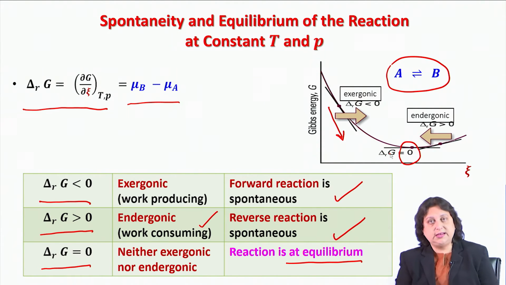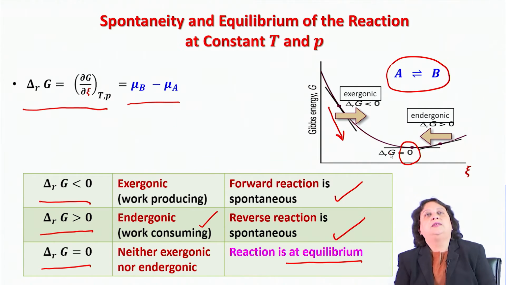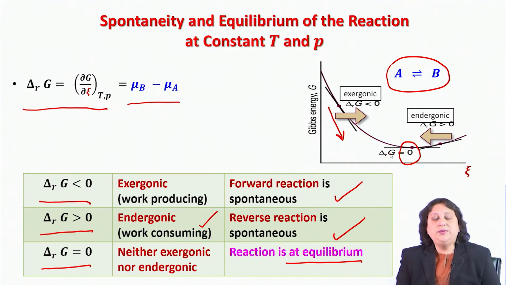So what we have seen here is, by looking at the reaction Gibbs energy, we can do away with the task of knowing the chemical potential of the system. Rather, we can think about something which is measurable. Now, you can very easily ask this question. I understand that the reaction Gibbs energy is measurable, but how?